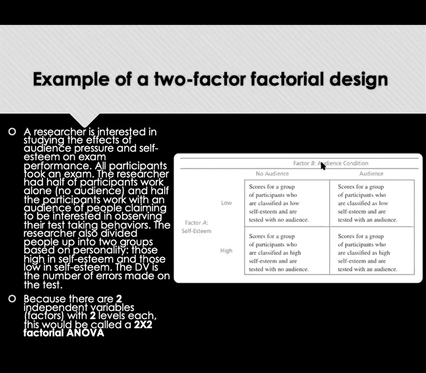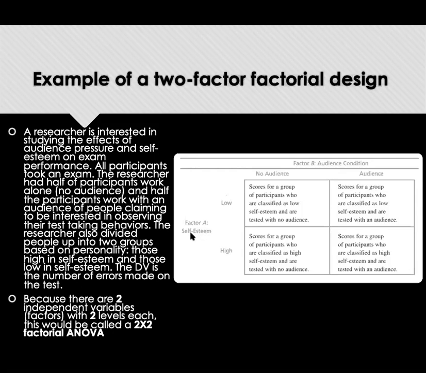And then across the top, you see factor B is the audience condition. And remember, that's either no audience or an audience. And you'll see this is a 2-by-2 factorial design, like this says down here, because there are 2 independent variables and each one has 2 levels. This is going to be called a 2-by-2 factorial ANOVA, right?